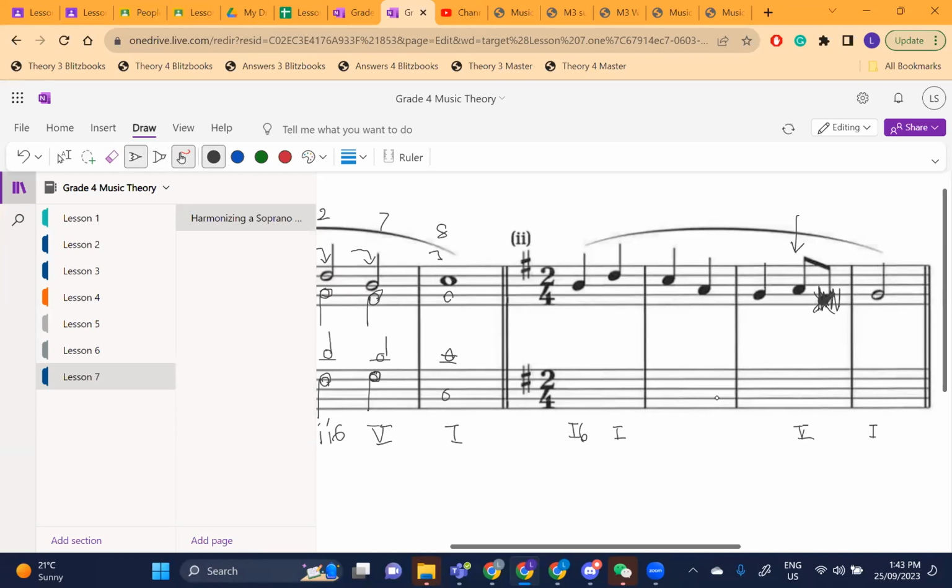So instead, you can go with something else. For example, 1, 4. Let's see.